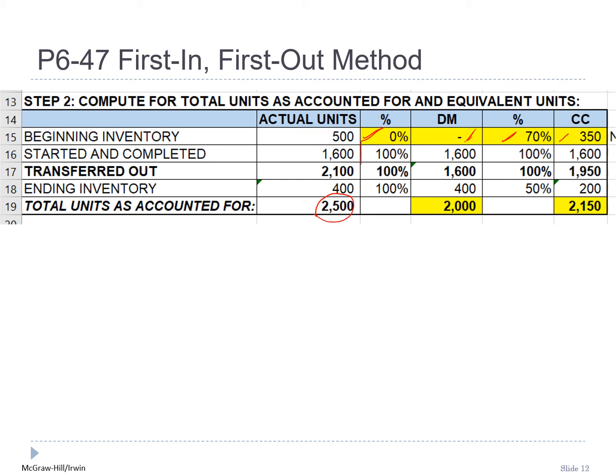The rest is the same as in our weighted average. Look at the ending inventory. The percentage of completion I put for direct materials is 100% because it is added at the start.